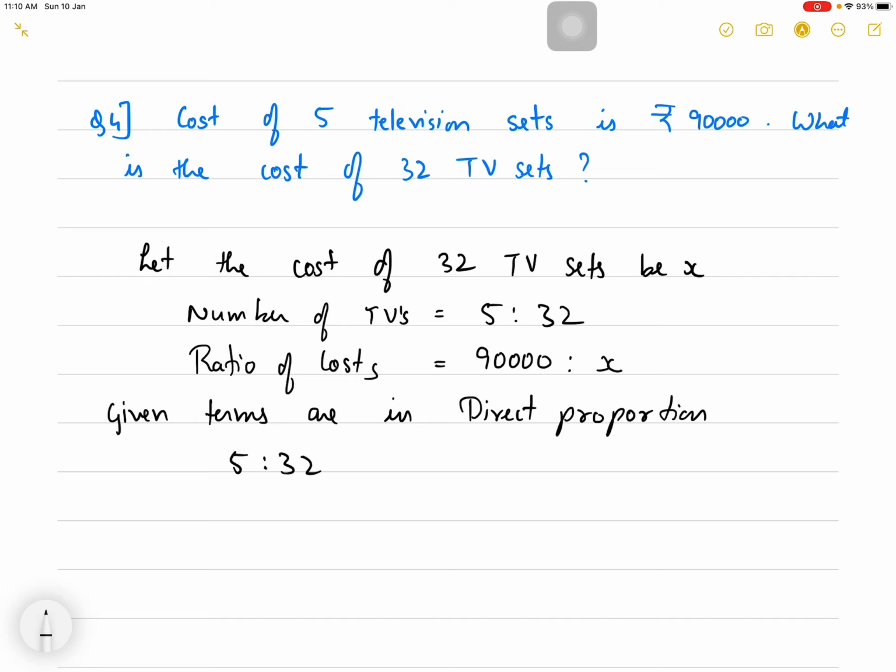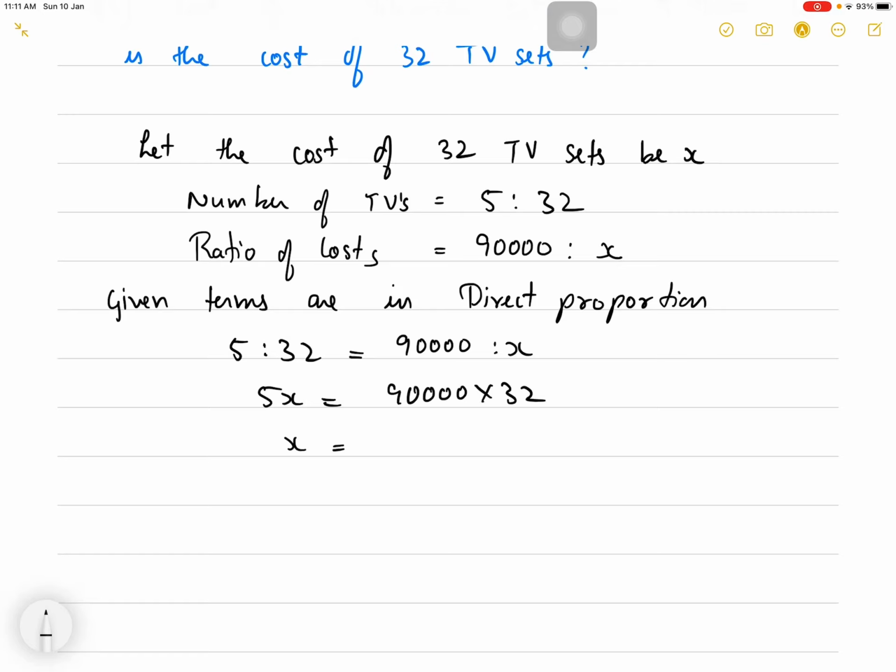So 5:32 is equal to 90,000 is to x. So product of extremes is equal to product of means. So 5x is equal to 90,000 into 32.